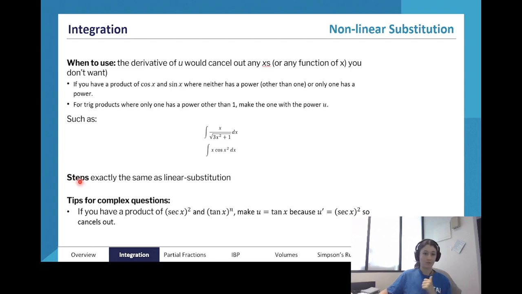But the key difference between linear and non-linear substitution is you actually need to pick which function you are going to let equal u. The function you let equal u has to be the one that the derivative of would cancel out the unwanted function. Remember, the other function we don't want because it stops us from integrating.